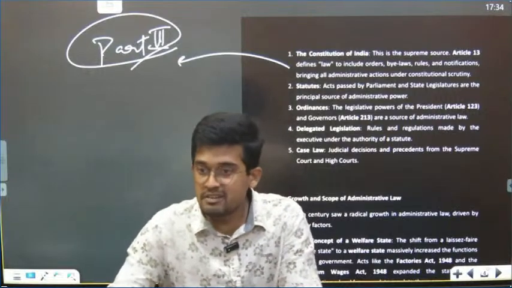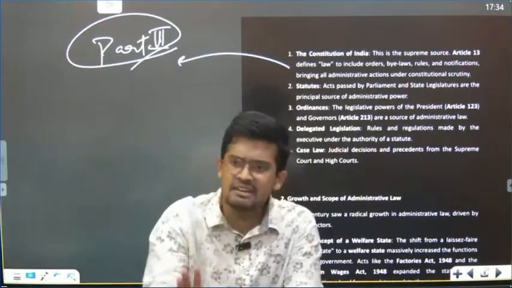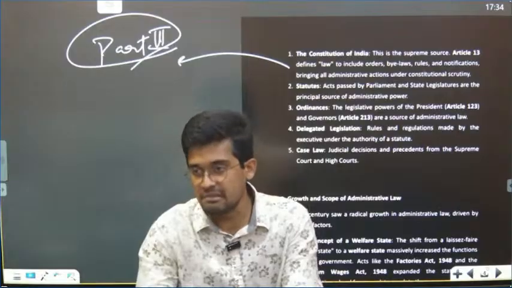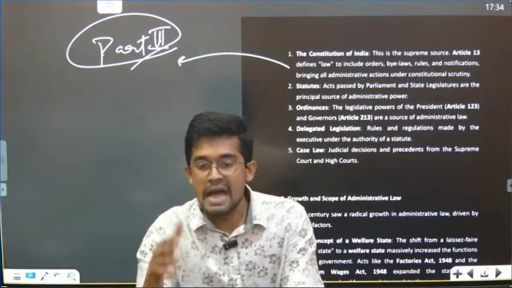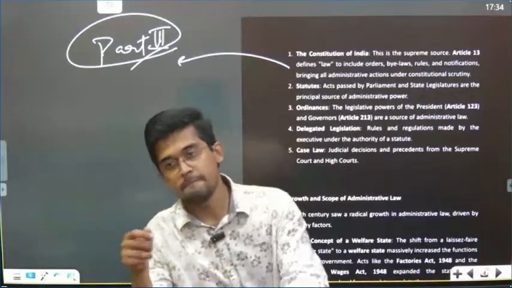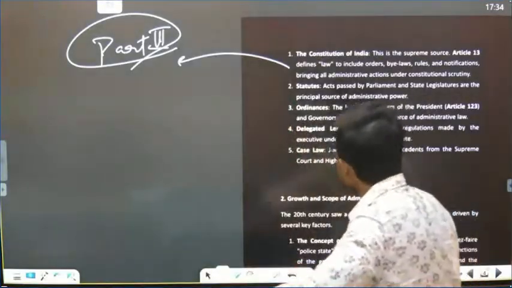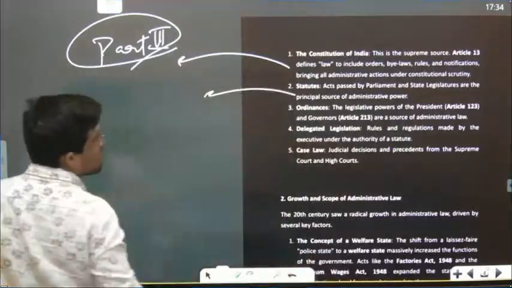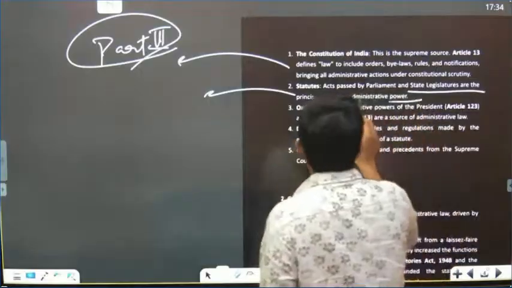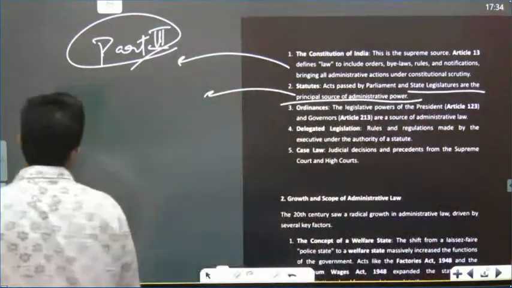Any administrative action, any legislative action, any executive action, has to be in line with the constitutional principles, or else that act will be considered unconstitutional and hence null and void. Understood? Similarly, there are statutes. Acts passed by Parliament and state legislature are the principal source of administrative power.